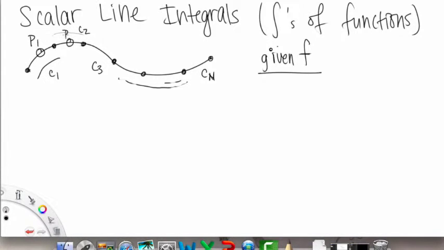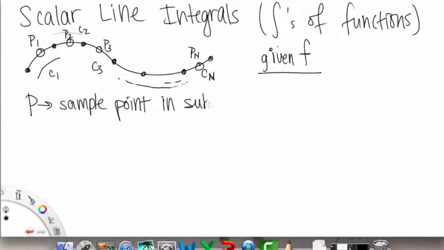The sample point in here is called P2, this one's called P3, etc., and this one's called P sub n. Okay? So P is a sample point on your curve in a sub-interval, or we'll call it a curve segment.